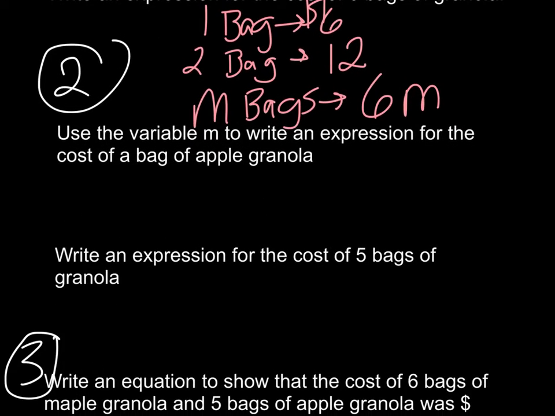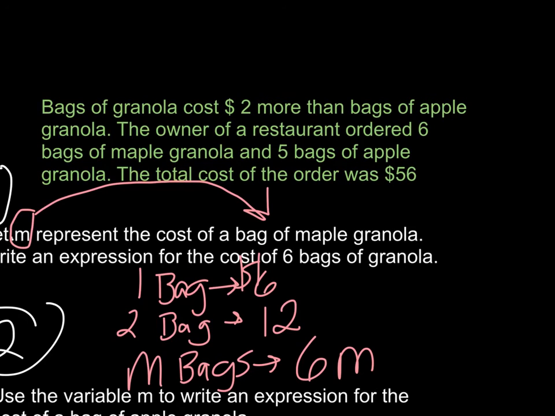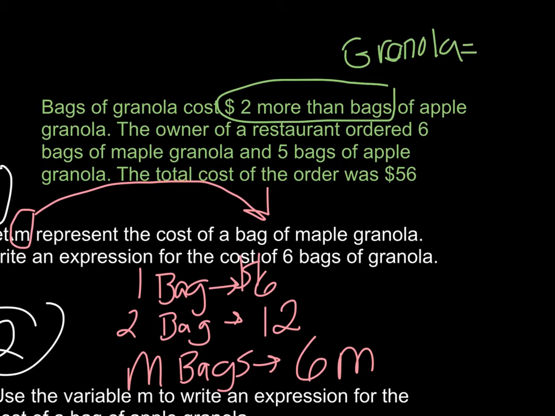Use the variable M to write an expression for the cost of a bag of apple granola. Okay, so looking back up here, we know that the cost of maple granola is 2 more than apple. So granola equals 2 more than apple.